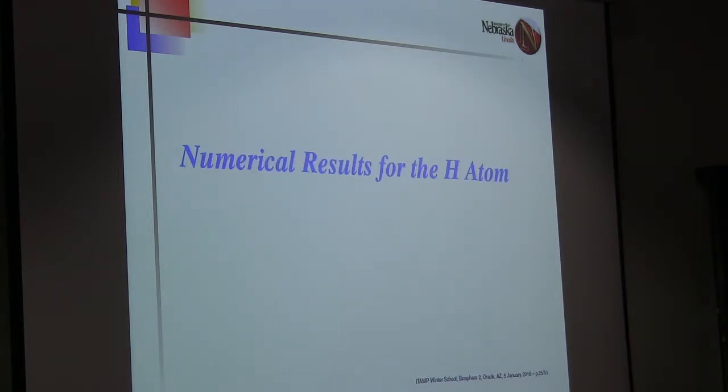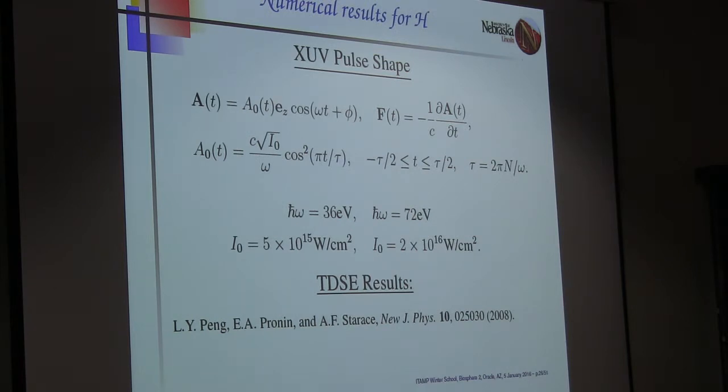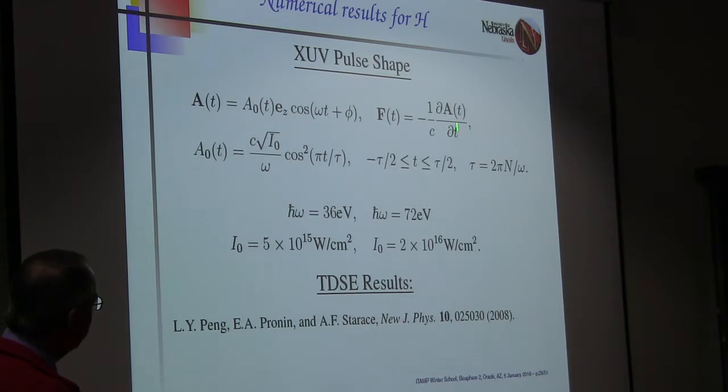So let's look for hydrogen, where we can calculate everything analytically as well as solve the time-dependent Schrodinger equation. This is our pulse. We choose a cosine squared temporal envelope for the A vector, and the electric field is the time derivative of the A vector.